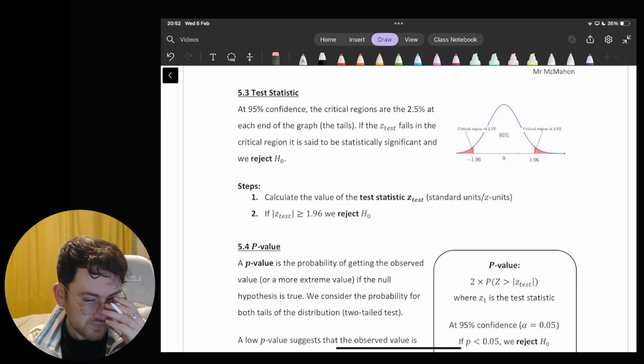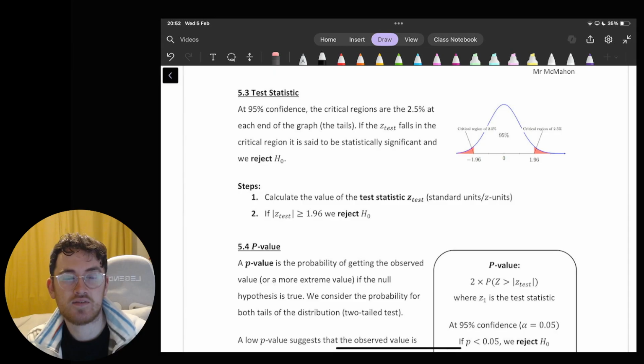Okay? Like if I do a test of a sample and the result I get is like 4 standard deviations away from the mean, or my assumed mean, because remember we're testing an assumption here. If the value I get ends up being like 4 standard deviations away from the assumed mean, then it's unlikely that that assumed mean is correct.